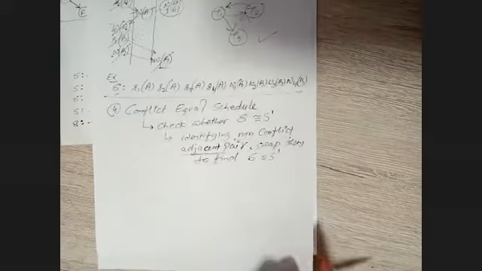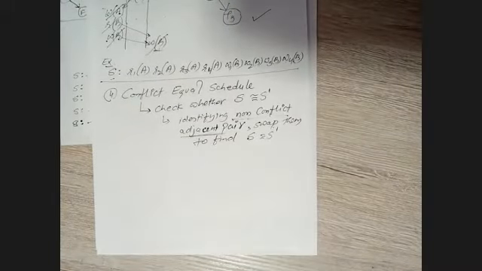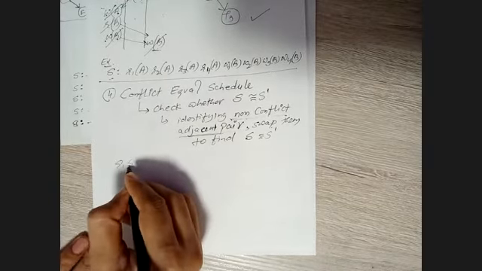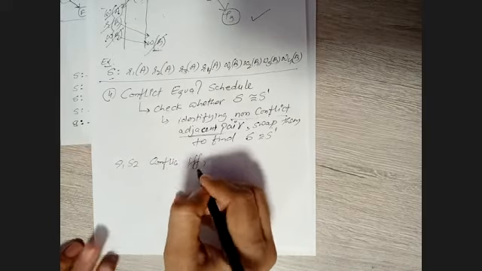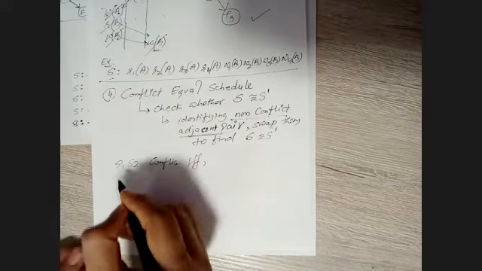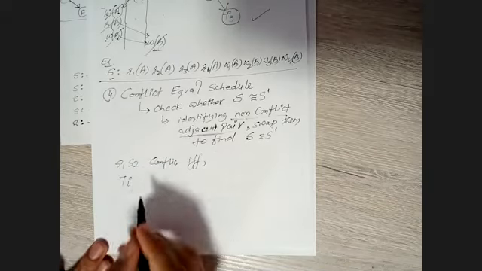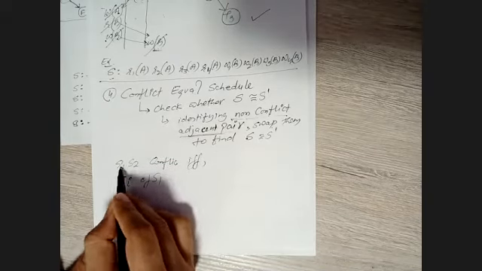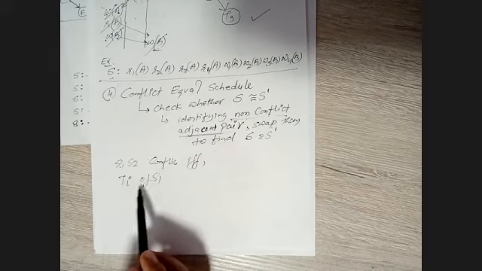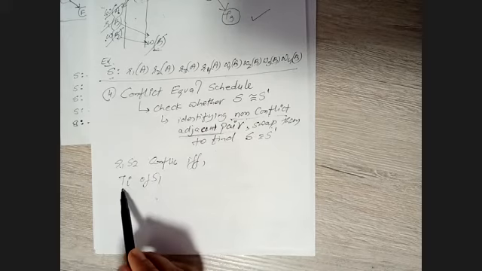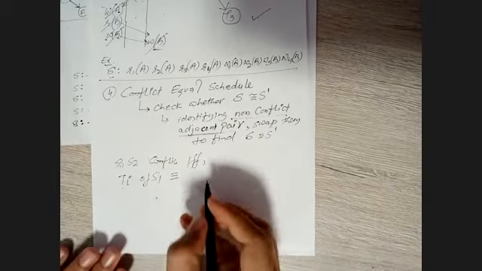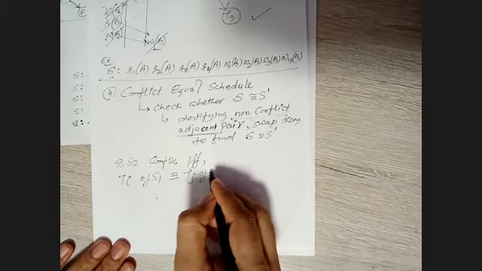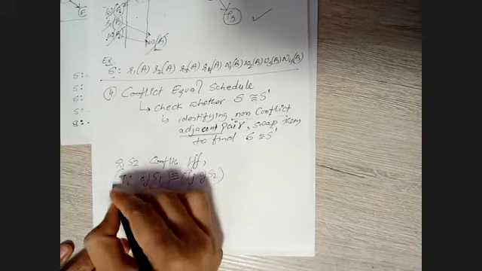According to the textbooks, conflict equal schedules: S1 and S2 are conflict equal if and only if each transaction Ti of schedule S1 must be exactly the same as each transaction Tj of S2. This is their first condition.